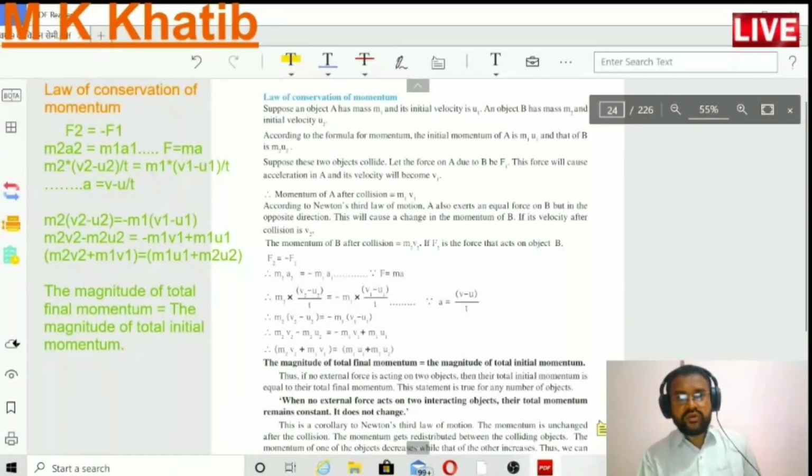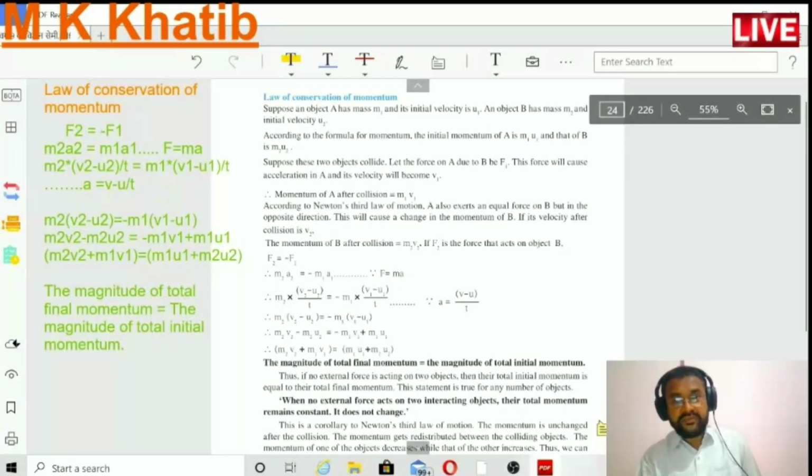According to Newton's third law of motion, A also exerts an equal force on B but in the opposite direction. This causes a change in momentum of B; if its velocity after collision is v2, the momentum of B after collision is m2 v2.